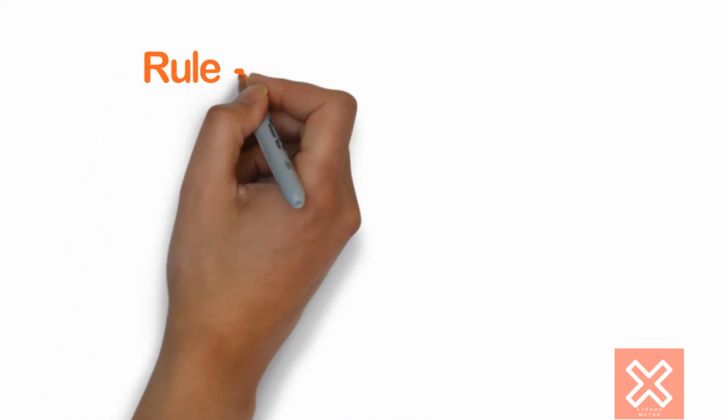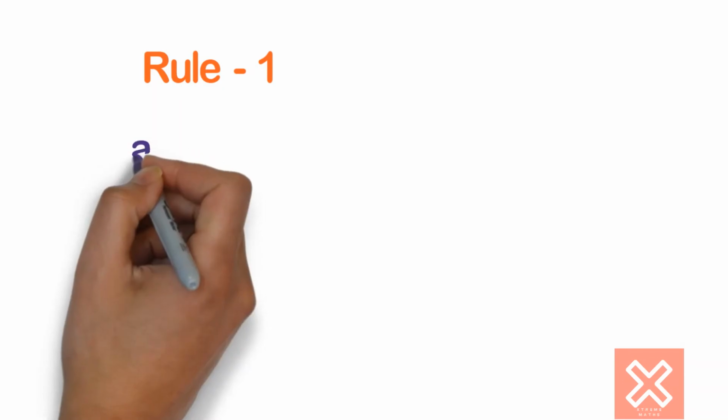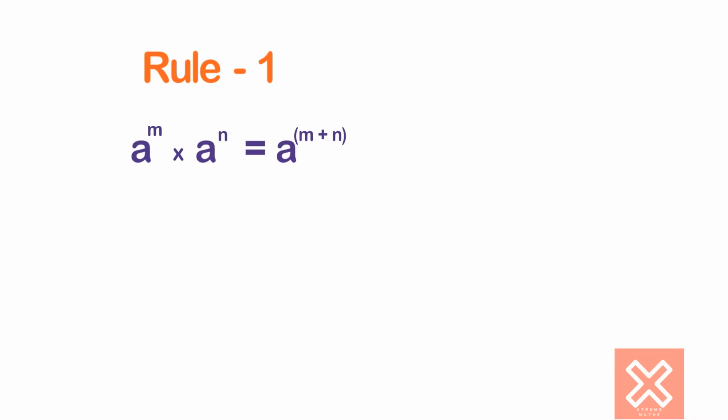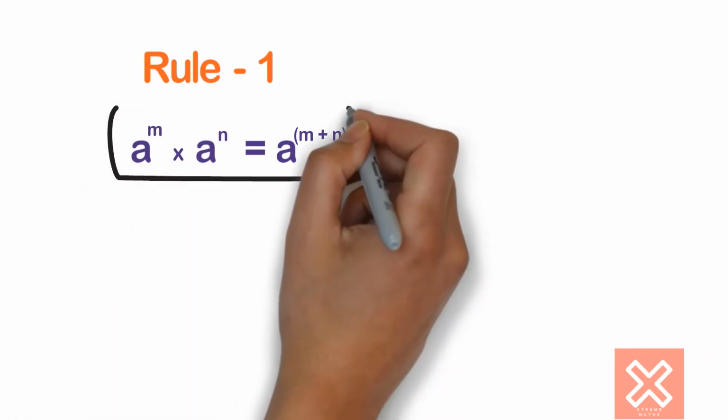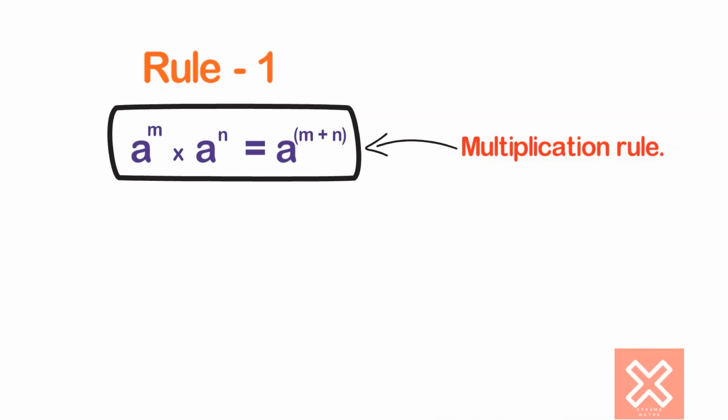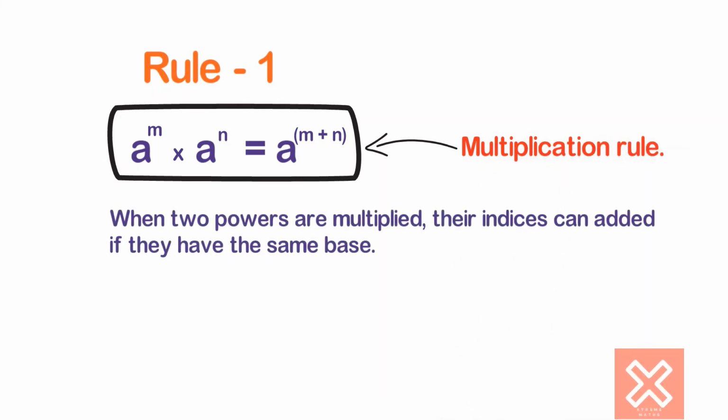Rule number 1. A to the power m into a to the power n equals a to the power m plus n. This is the first rule of indices, the multiplication rule. Now according to this rule, just look at this sum. Here the bases are different.